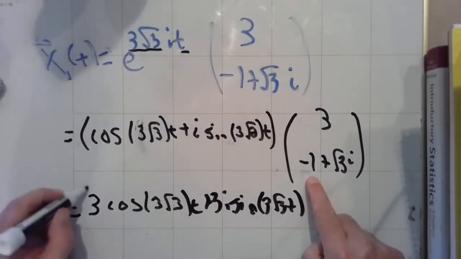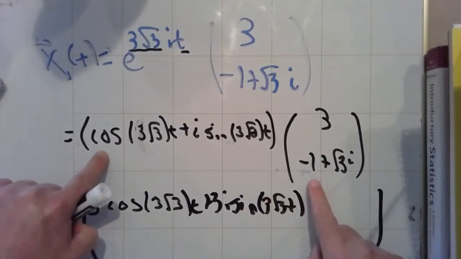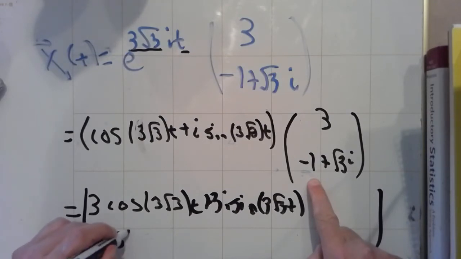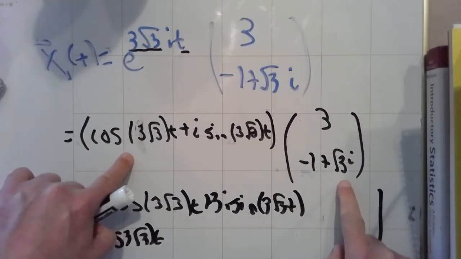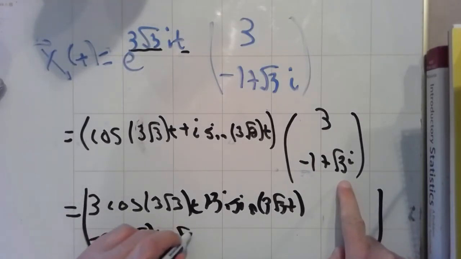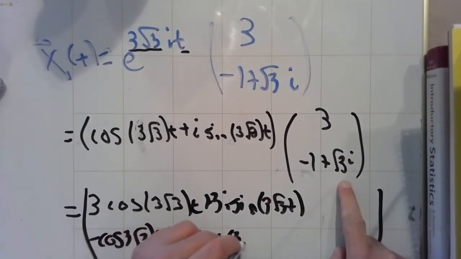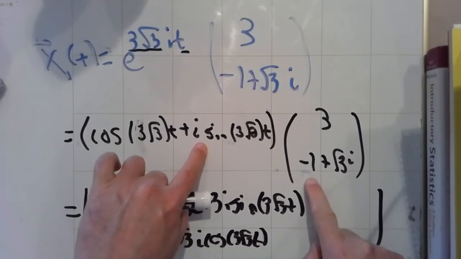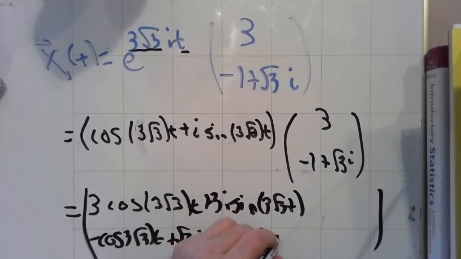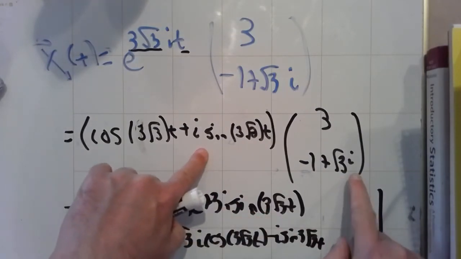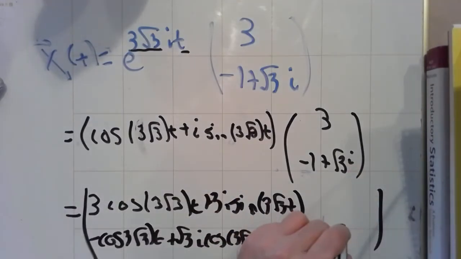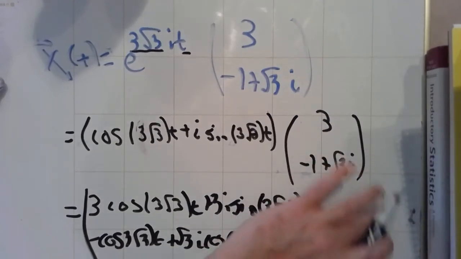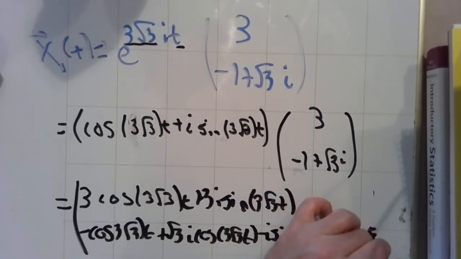So I'll get negative cosine of 3 root 3t, and a negative 1 times that i sine, so negative i sine 3 root 3t, and then finally these guys. That i and that i will multiply together and give us a negative 1, so we get a negative root 3 sine of 3 root 3t.